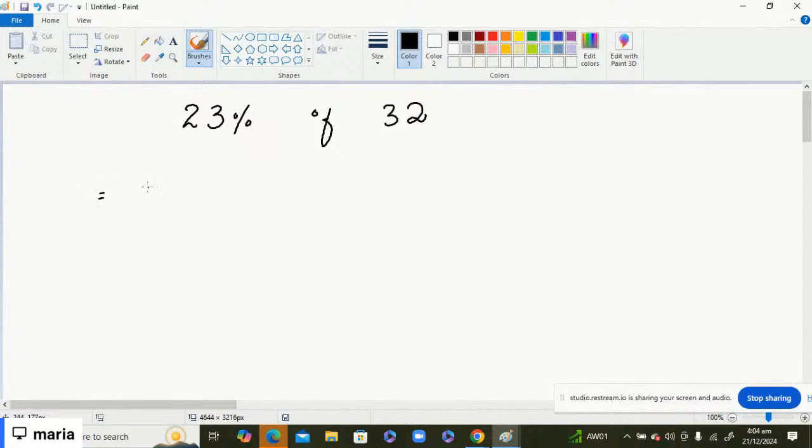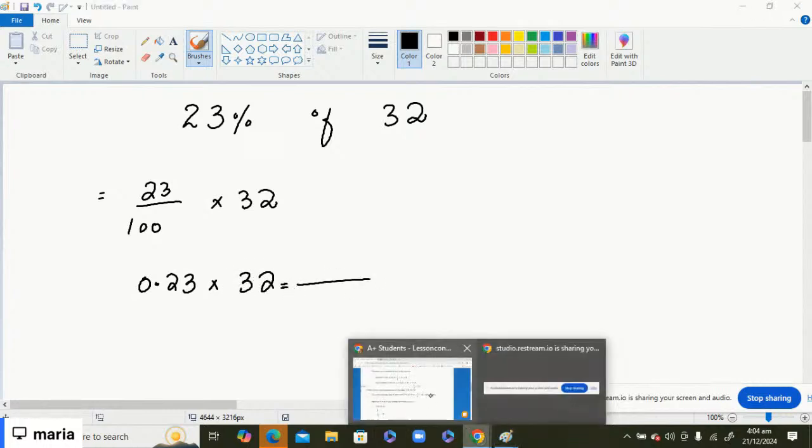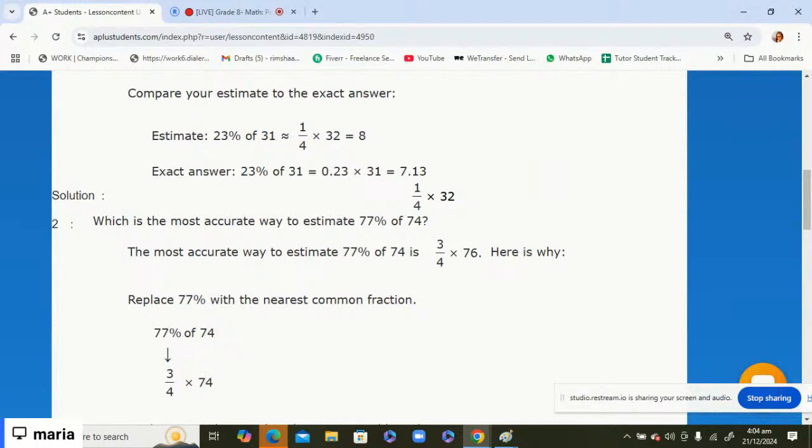So what is the most accurate way? The accurate way is 23 over 100 times 32. This is 0.23 times 32, and then you write your answer. Otherwise, the next part is they are saying that the exact answer of 23% of 31 is 7.13. So you round it, and that is the estimate. This is 8, but the exact answer is 7.13.